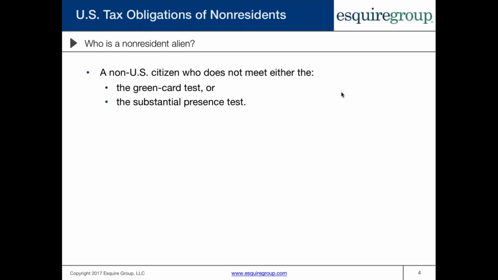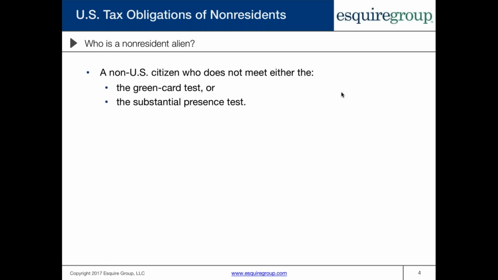add up all of the days in 2017, this being the current year. You'd add a third of the days from the prior year, so a third of the days from 2016, and a sixth of the days from the year before that, which would be 2015 in this example.